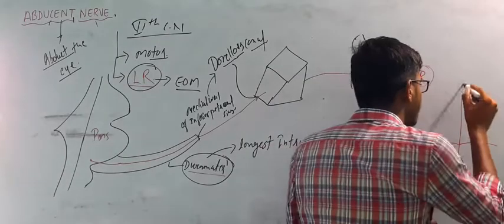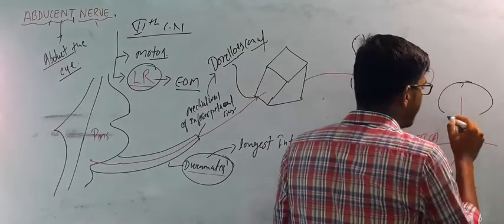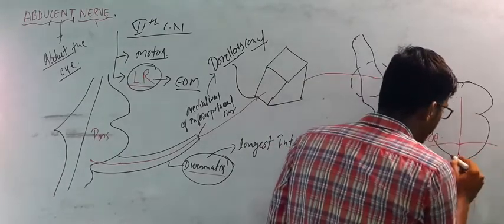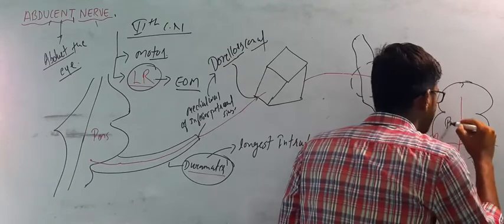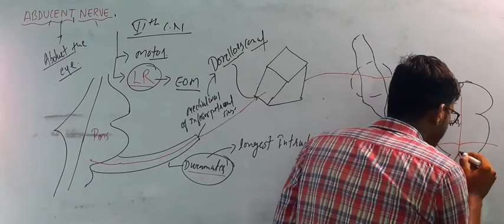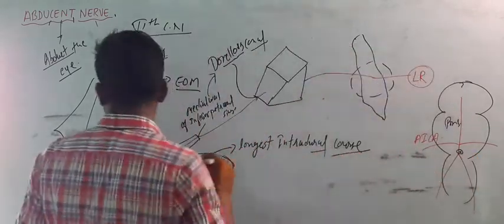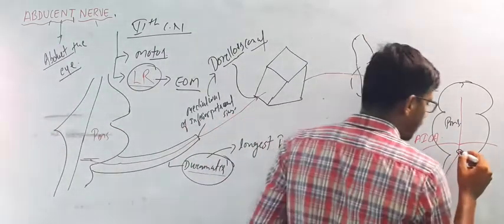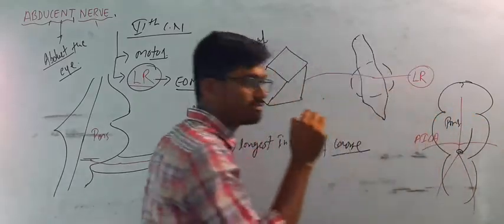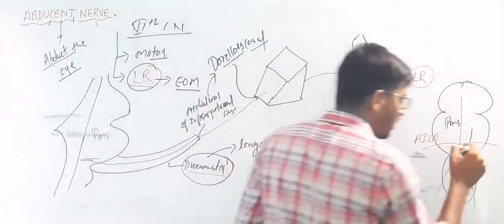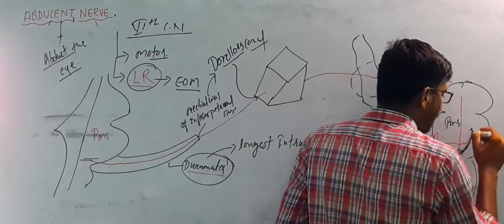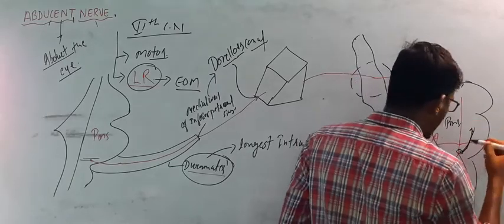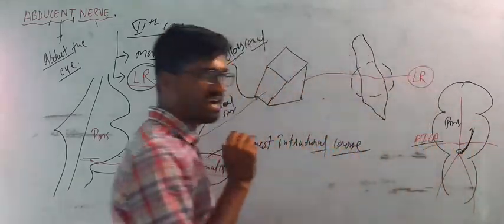This is your midbrain, here is your pons and here is your medulla. This nerve arises from the lower border of the pons, and after that it goes like this. So it runs upwards and forwards, and it crosses the anterior inferior cerebellar artery.